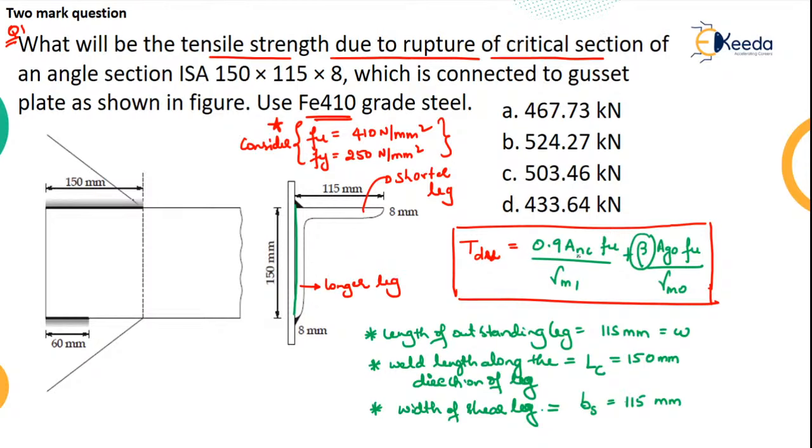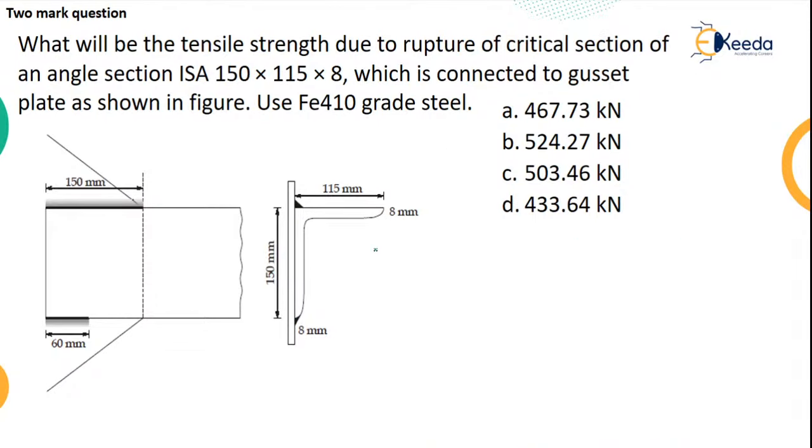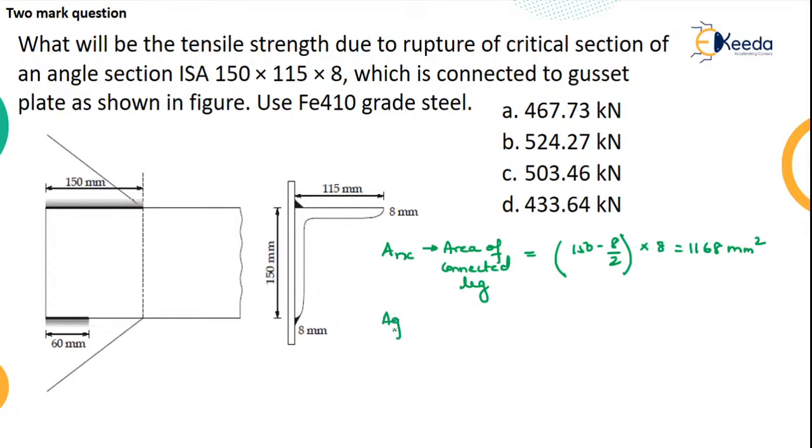Now what else I have to calculate? I have to calculate the Anc and Ago, gross and the net area, right? So let me do the calculation. So Anc is what? The area of connected leg. So how much will this be? This will be equal to 150 minus 8 by 2, that is 150 minus thickness by 2, into 8. So 1168 mm square, and the area Ago is nothing but the area of the outstanding leg.